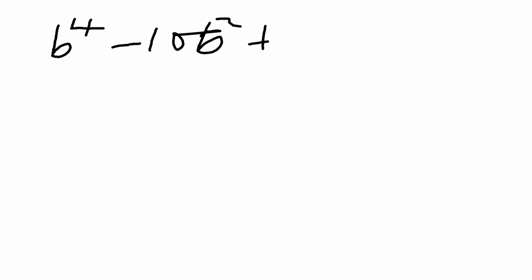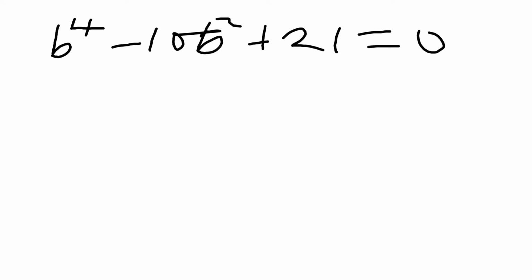With this now, from equation 2iii, I have that b squared c squared is 15. So b to power 4 minus 10b squared plus 15 plus 6, which is 21, is equal to 0. So this is a quadratic equation in b squared.